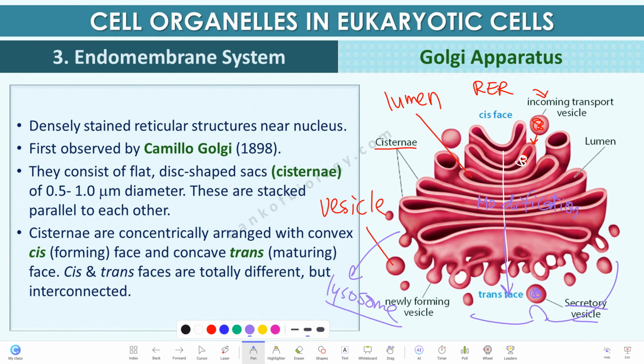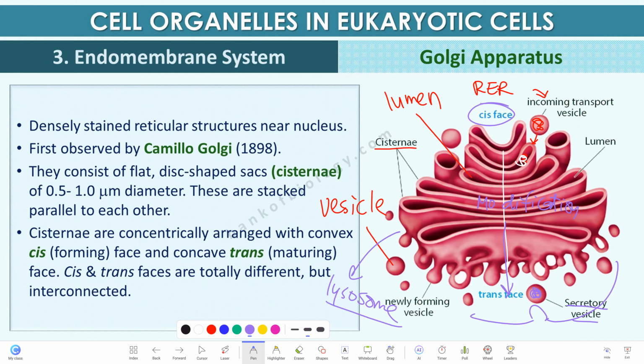Okay, try. What is Golgi made up of? Cisternae and vesicles. And what's the space inside the cisternae? Lumen. And where does the protein come from? Incoming vesicle. Where is it coming from? RER. What happens in RER? Synthesis.